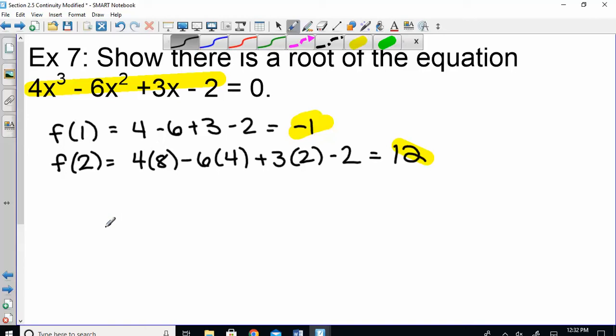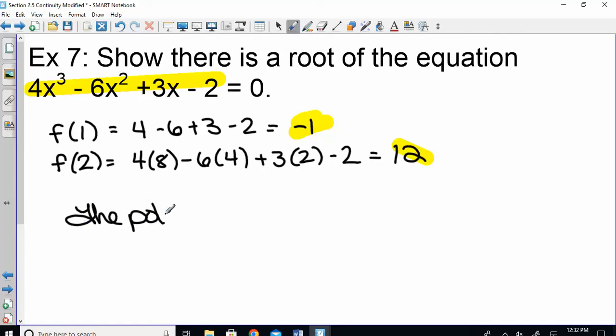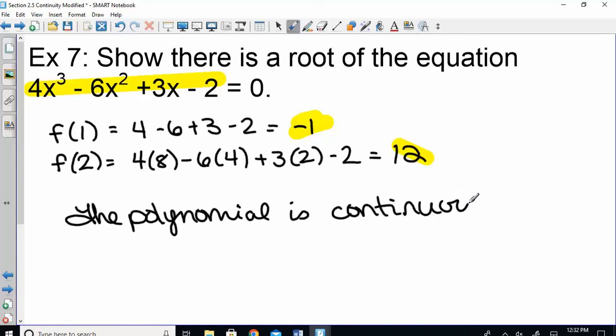Yeah. So for the intermediate value theorem, you would have to just write a little statement for me. So you would have to say the polynomial is continuous. And you have to say it's continuous. If you don't, that's -1.